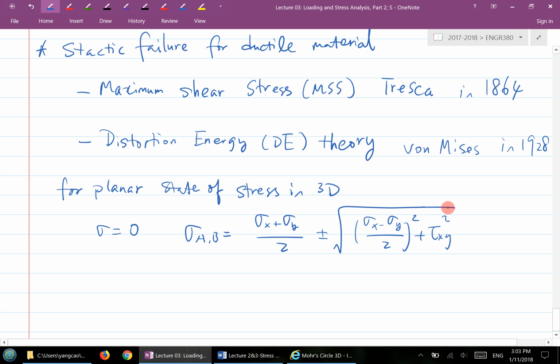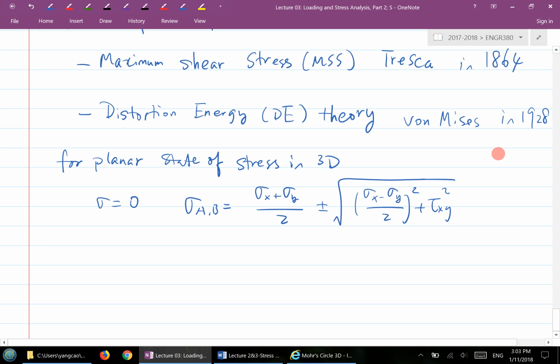Okay, that's your three principal normal stresses, but at this stage, without the actual values of sigma x, sigma y, or tau xy, we don't know which one is sigma 1, sigma 2, or sigma 3. But what we do know is you have to order the three values given here from high to low.